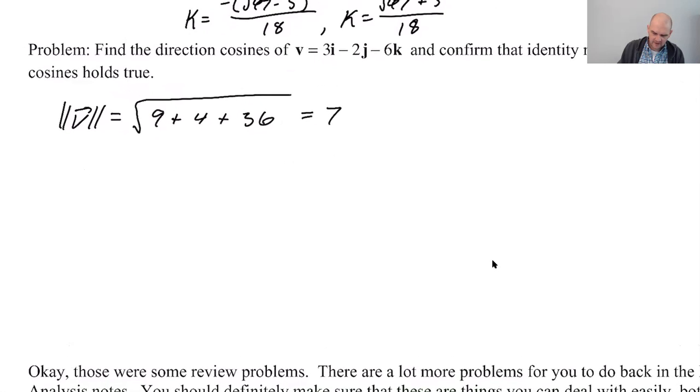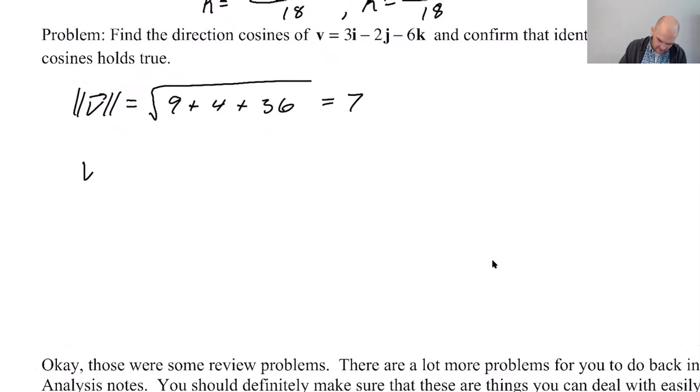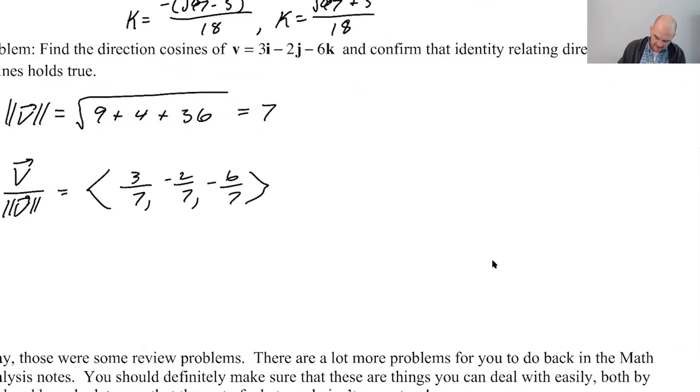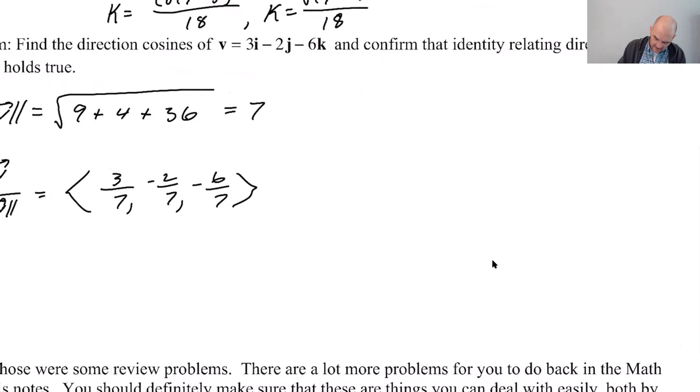It's like a Pythagorean quadruple or something. Seems like that should be a thing. All right, so if I do v divided by the magnitude of v, that's going to be 3/7, -2/7, and -6/7. Okay, so direction cosines are actually just the components.